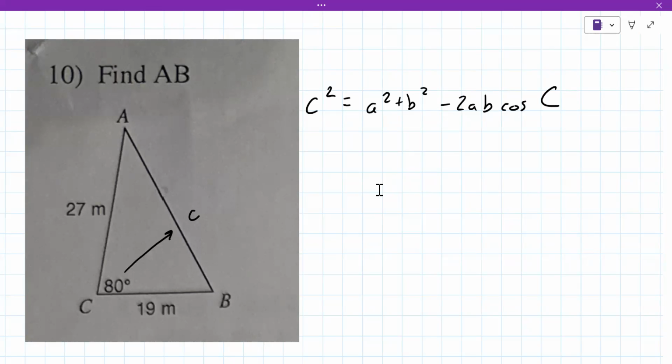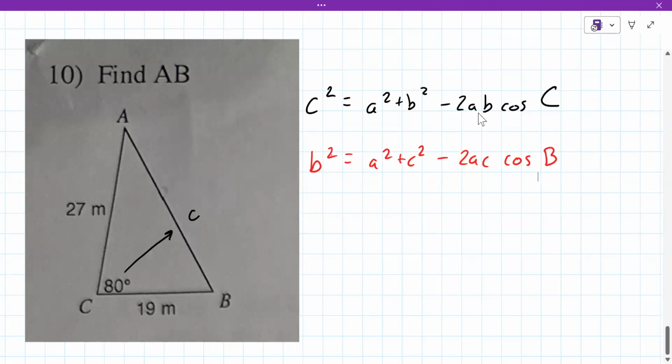Okay. C squared. This formula works for this problem, but I want to show you or tell you the other formulas. I want you to see how you only need one formula to get them all.